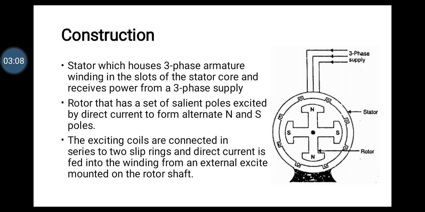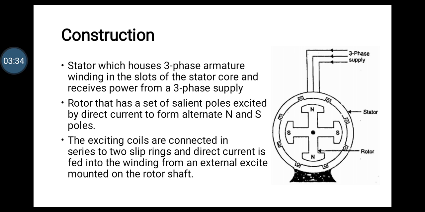And the second part is the rotor. The rotor is nothing but a rotating part that has a set of salient poles, and these are nothing but field windings. We can also notice that the rotor here is a field system, and most of them have salient pole excitation, and this excitation is a DC current.